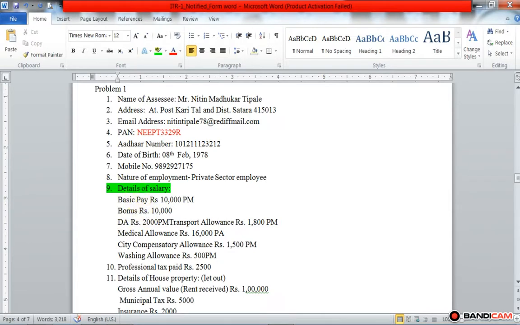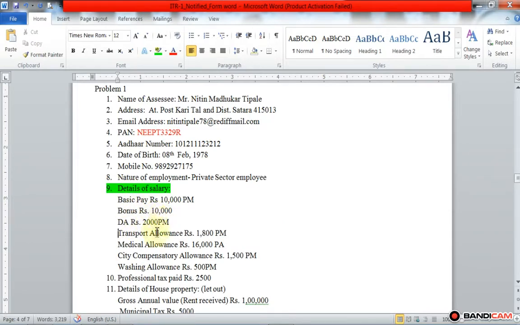The basic pay of Mr. Nitin is rupees 10,000 per month. It means the employer gives 10,000 per month as basic pay to the employee. Here the employee is Mr. Nitin.